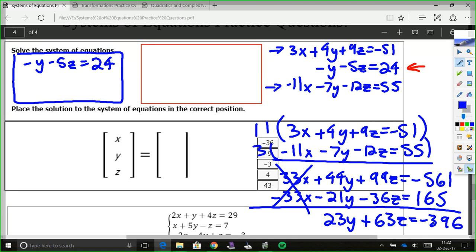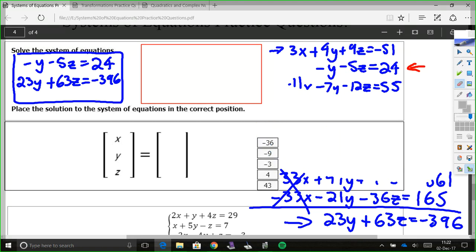So let's take this equation, because now I've got an equation with just two variables, right? So let's put it over with the other equation that has two variables. We have the 23y plus the 63z equal to the negative 396. All right, again, I'm going to keep erasing these things, but you can still keep them on your paper. I just need more room on my board here.